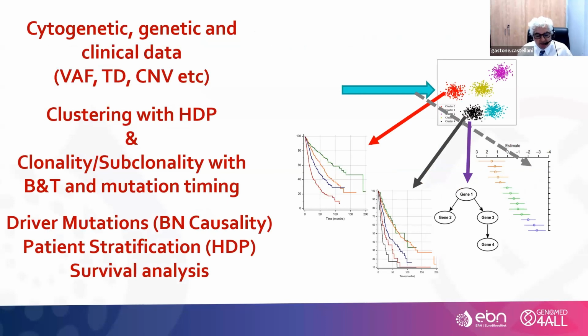This is one of the simplest data integrations because in the case of myelodysplastic syndrome, we can integrate genomic variables and cytogenetic variables. What are these two variables?